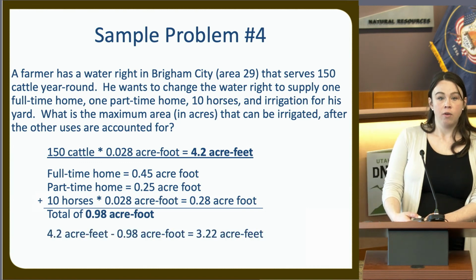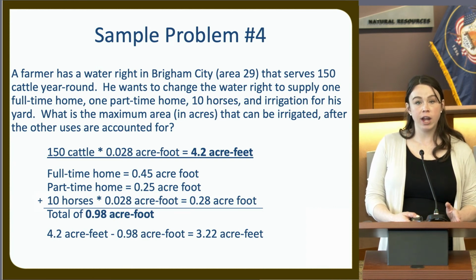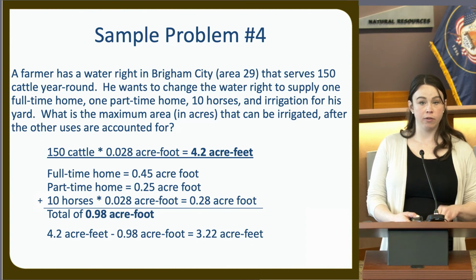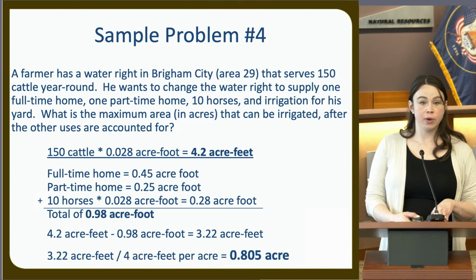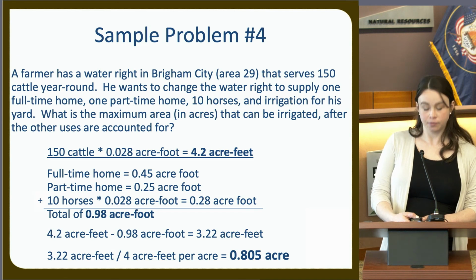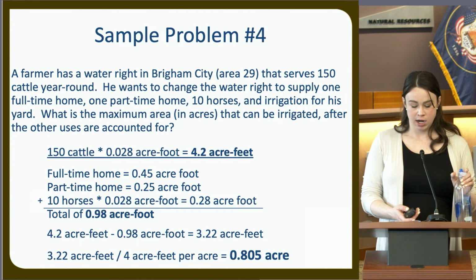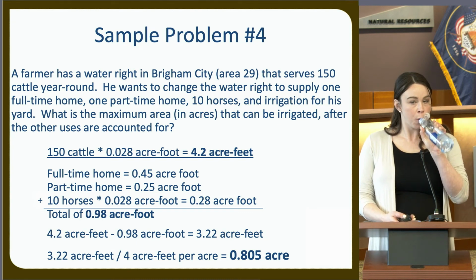So 4.2 minus the 0.98, he has 3.22 acre-feet that he can work with for irrigation. So now we're actually going to be converting from acre-feet to acres. So we're going to divide by that duty value this time. And he can irrigate 0.805 acre. I'll leave that up for 1 second, just so you can go through it. Did go a little fast.